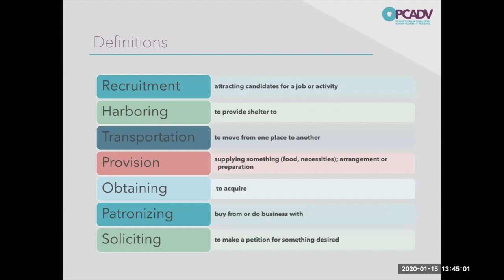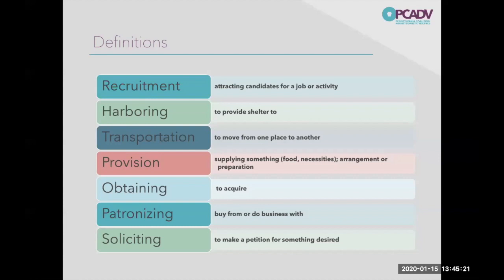Before I do that, I'm going to say that once again, I am not an attorney. So this slide is sort of my way of explaining these definitions. If there are any legal advocates or attorneys attending this webinar, I apologize because these are definitely not technical definitions.